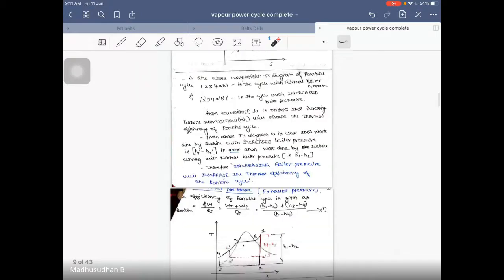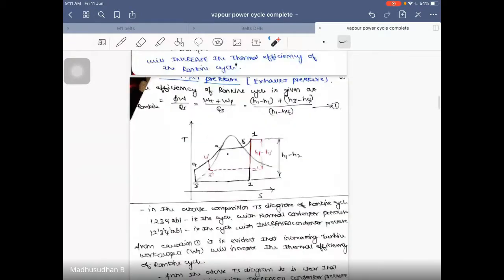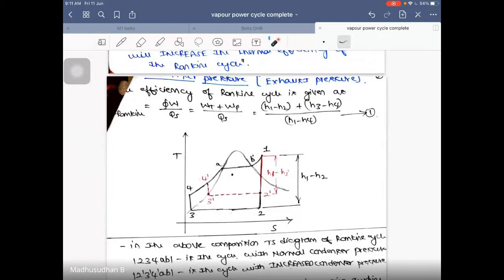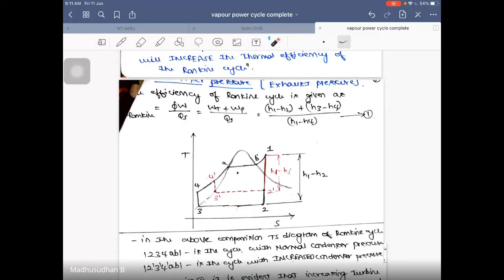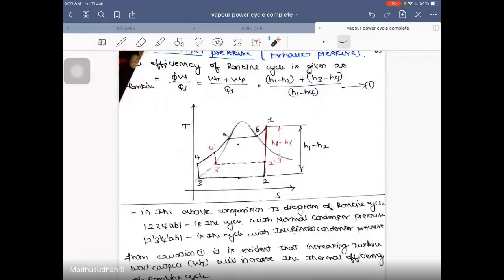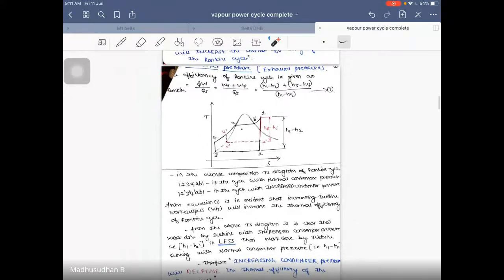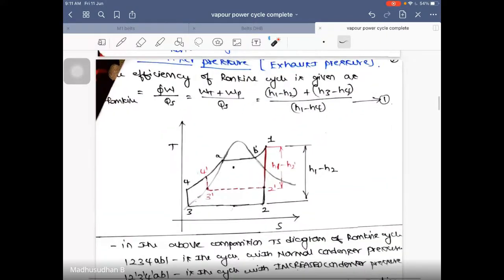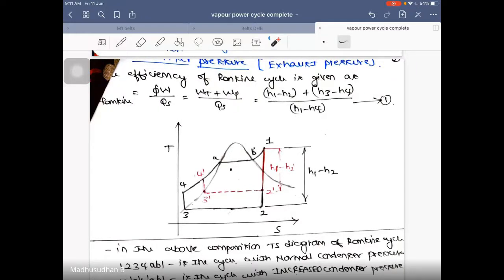So next, we will move on to the condenser pressure. The normal running Rankine cycle is this: 1 to 2, 2 to 3, 3 to 4, 4 to A, A to B, and B to 1.